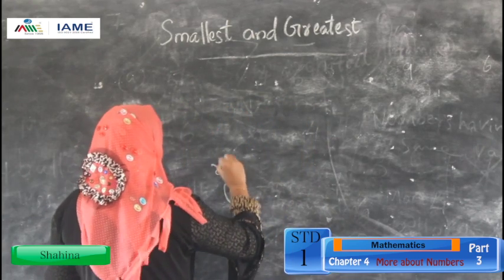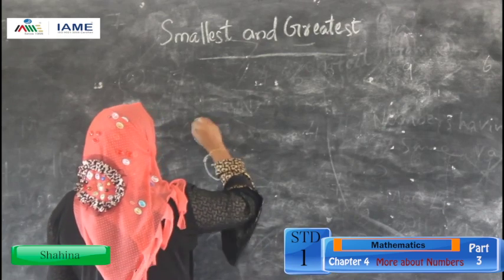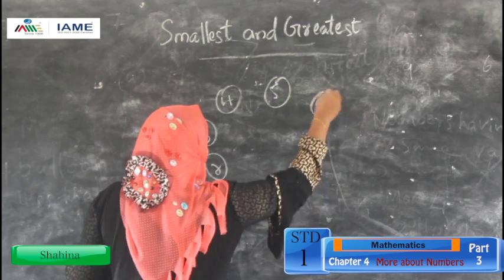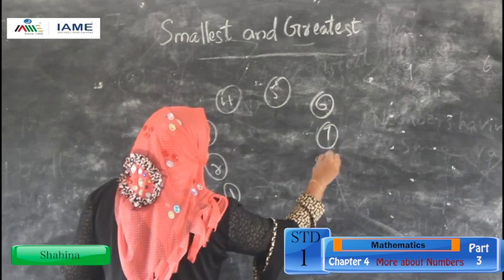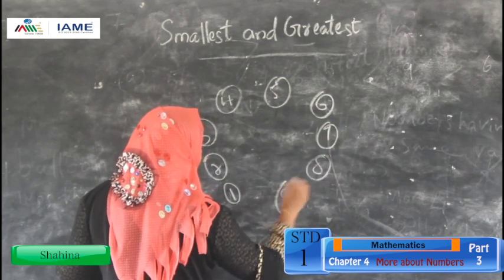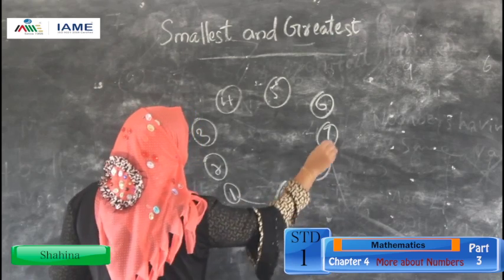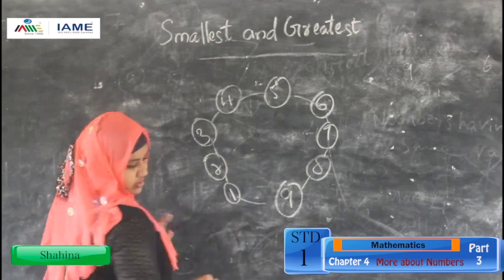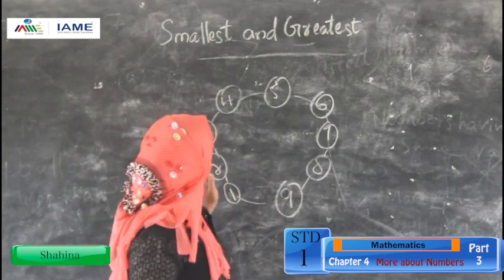Here, 1, 9. Okay, here one necklace is there.